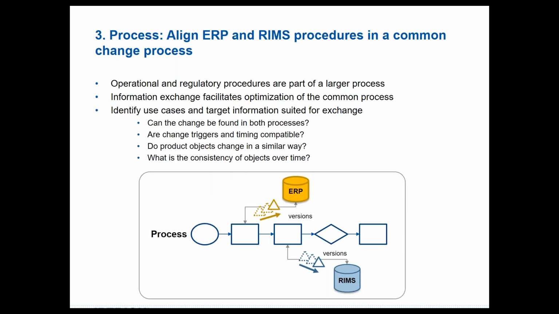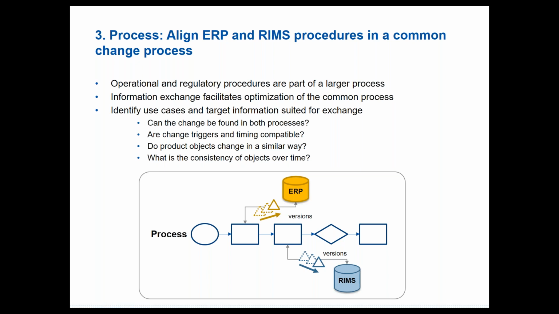And that brings us to our third aspect of this process, and that is processes itself. After all, we want to keep the mapping of our product objects stable over time. But if we look at the different processes within the operations and the regulatory side, we see that actually there might be different ways that product objects change over time.